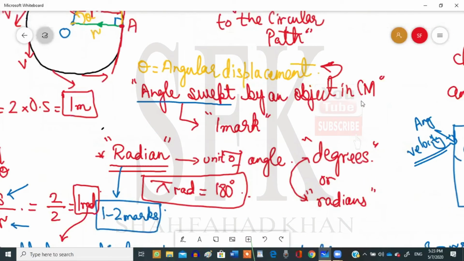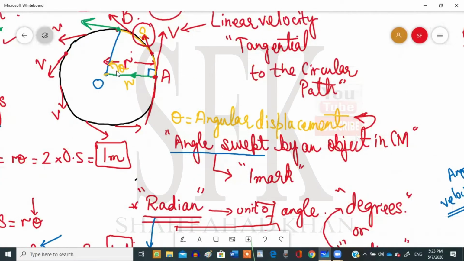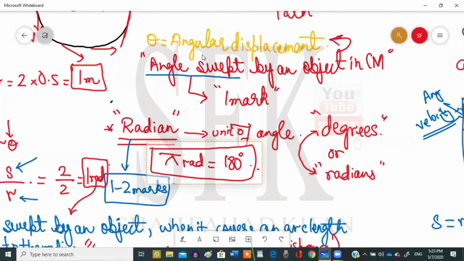The angle which is struck by an object moving in a circular path is the angular displacement. This angle is the angular displacement, and the distance covered by this object, the length of the arc, is the linear distance or displacement, which is covered by the linear speed or linear velocity.